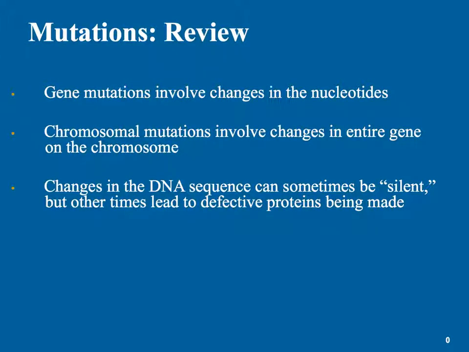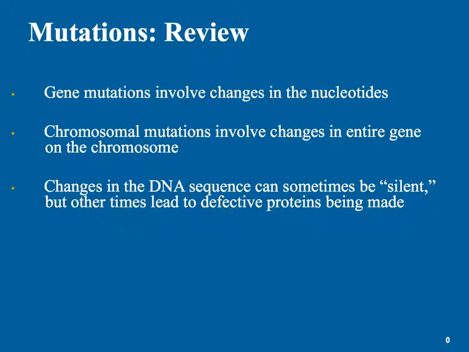So, mutation review. Remember there are 2 broad categories of mutations. You have a gene mutation, which usually involves only 1 or 2 nucleotides and only affects that specific gene. An example of a gene mutation would be people that have sickle cell anemia. You're going to see this in a lab that we're going to do.